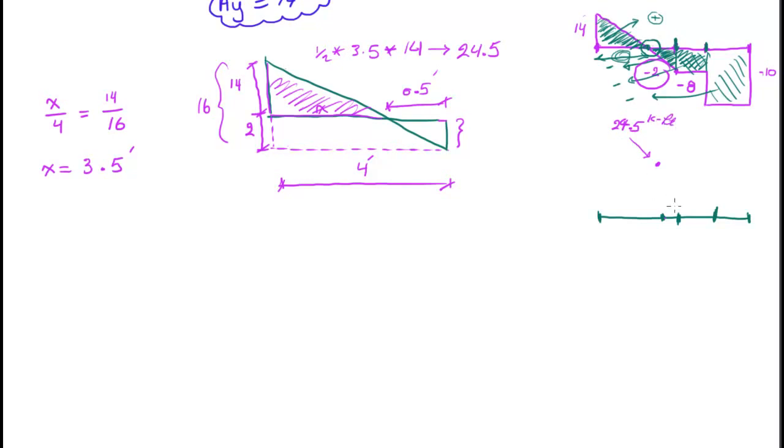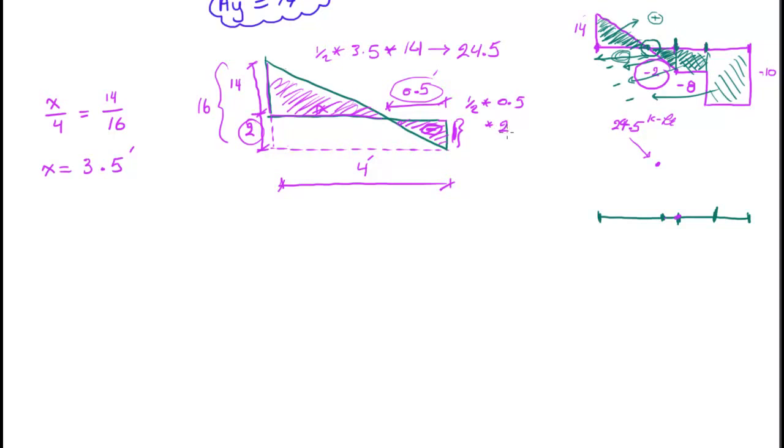What about this one? It's the area of this triangle plus the area of this triangle, keeping in mind that this triangle has a negative area. What is the area of this triangle? It's going to be 1/2 multiplied by the base, which is again 1/2, and multiplied by the height, which is 2.